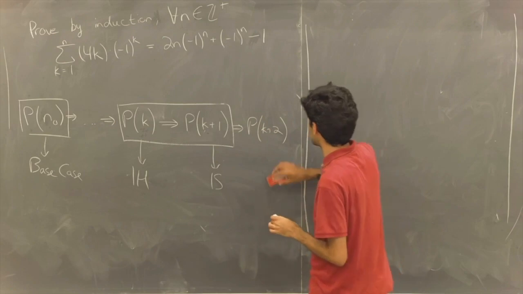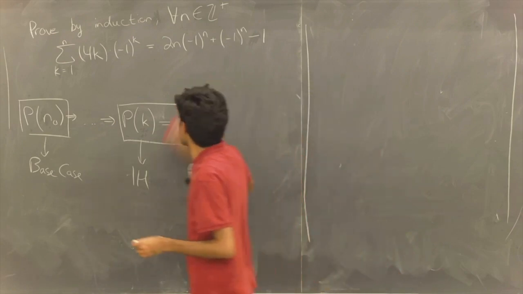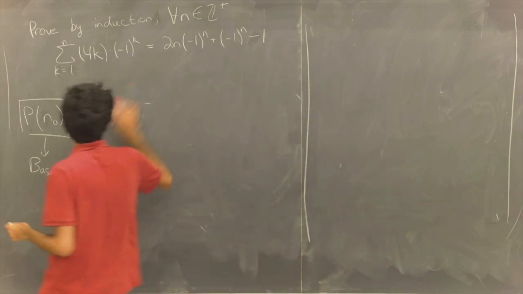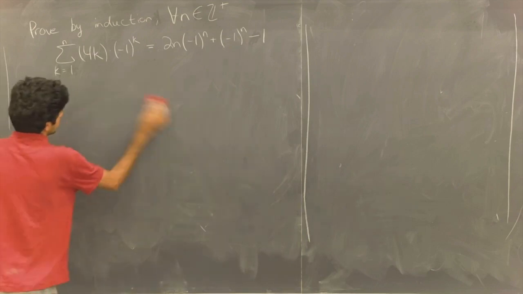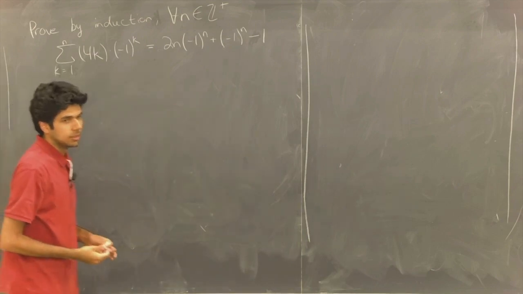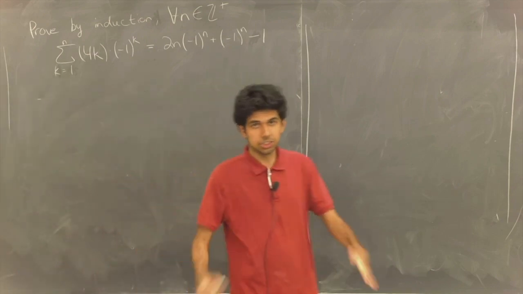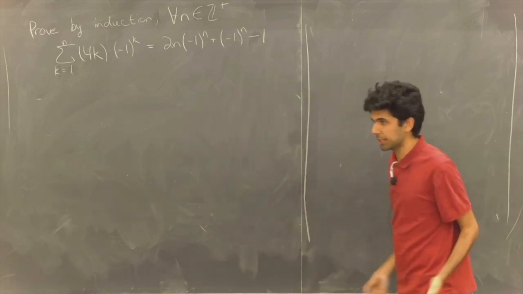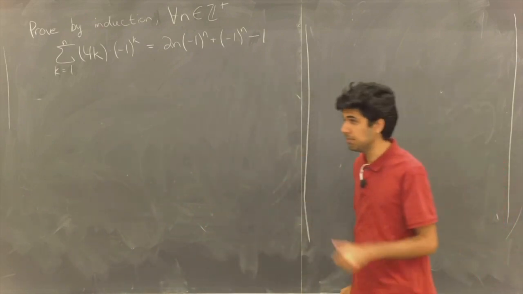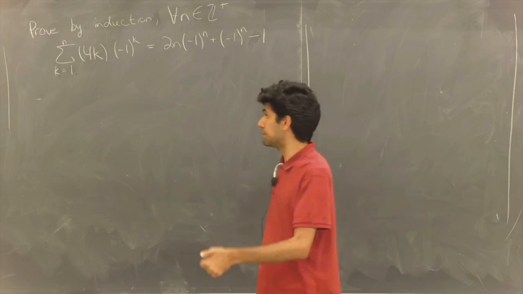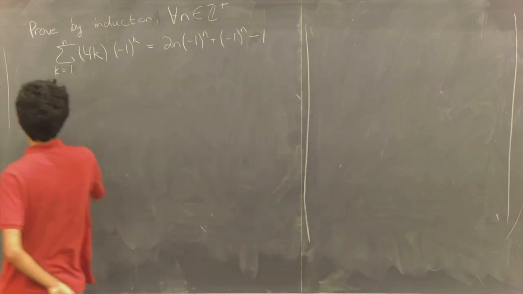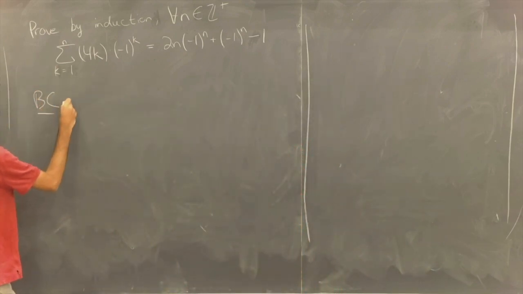So let's solve this problem. As I just mentioned, there are 3 steps to induction. The first one is the base case, abbreviated BC.